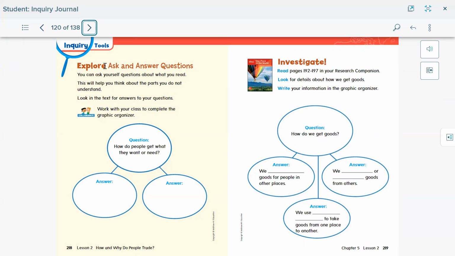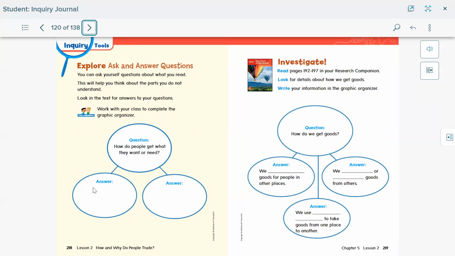All right. Ask and answer questions. When you learn something new, it's good to ask yourself questions and answer them, and that will help you to understand the topic and the main idea. So over here, in the graphic organizer, we have a question and we're going to answer this question.